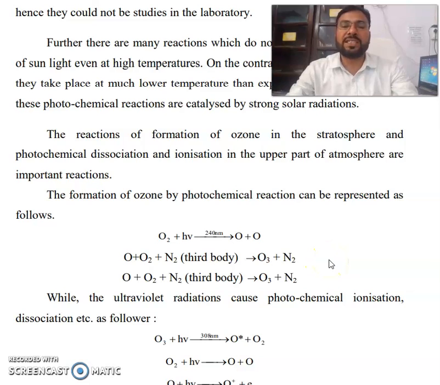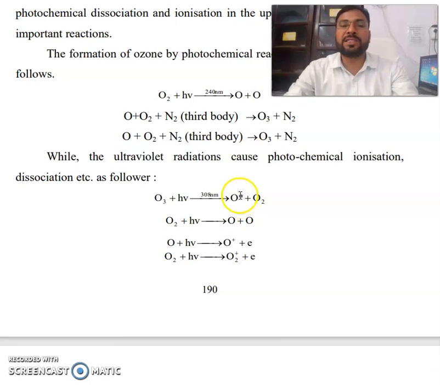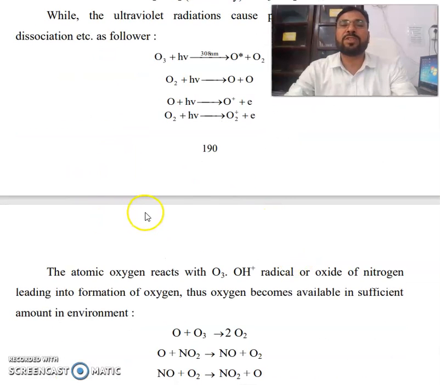While the ultraviolet radiation causes photochemical ionizations and dissociations, you can see the ionization of this O3 converted into O2 and activated oxygen, and this O2 further breaks the double bond of oxygen, and then here all are radicals. Getting light after losing one electron, it is positive, and then O2 plus.